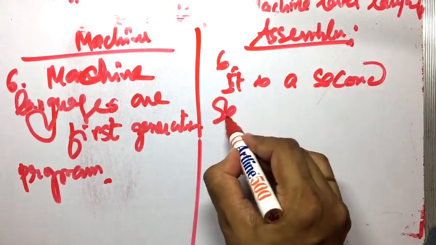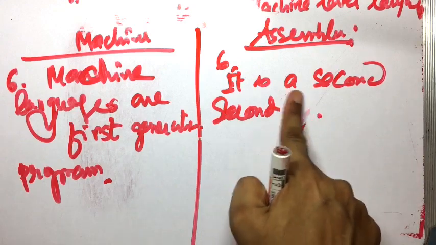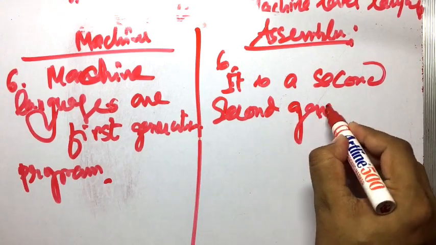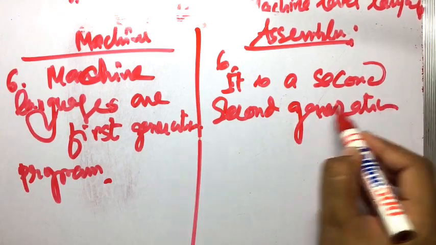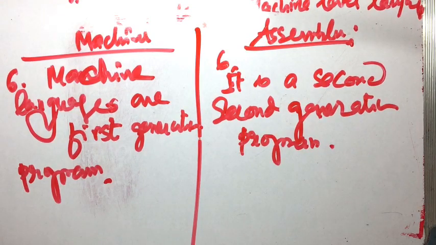It is an improved version of machine level language. So machine language is a first generation program, and assembly language is a second generation program. These are the six differences.